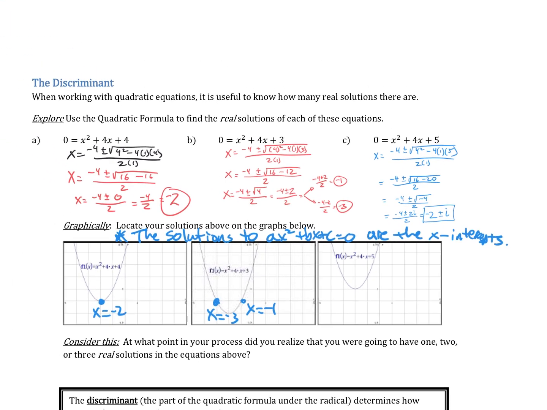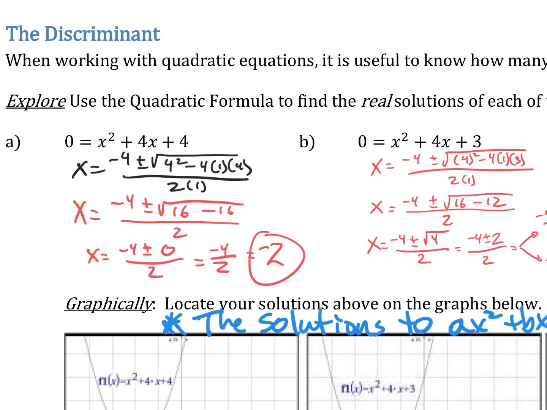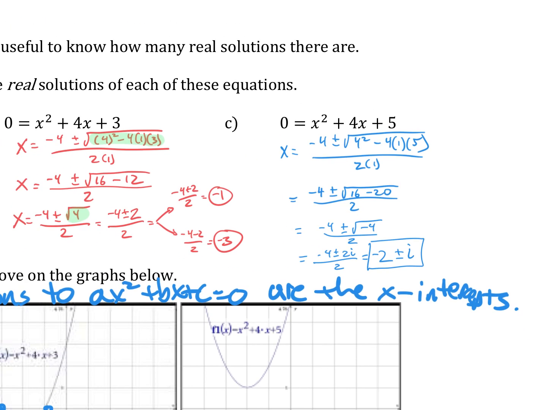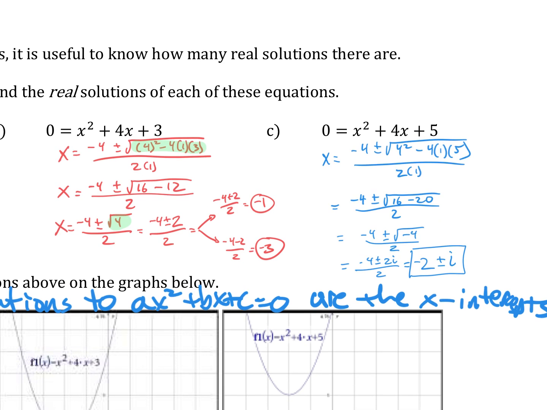Well, notice a difference here. In this equation, we ended up with 0 underneath the square root. With this equation, we ended up with a positive 4. And with this last one, underneath ended up to be negative 4. Okay? So everything else was the same outside here.